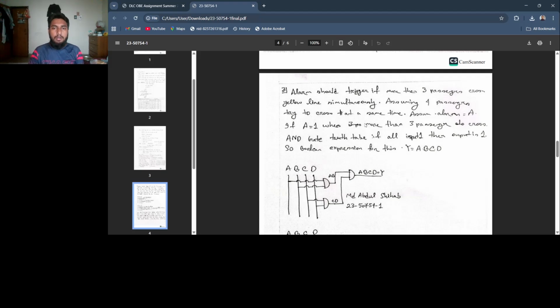So the alarm should trigger when the alarm is on. It means A is on. If A equals 0, then the alarm should be off. So when A equals 1, it means three passengers cross the yellow line.